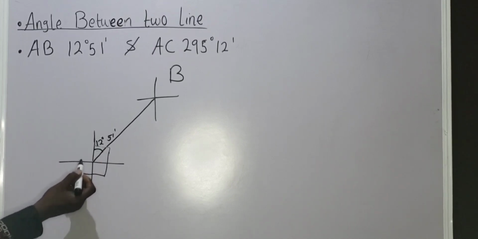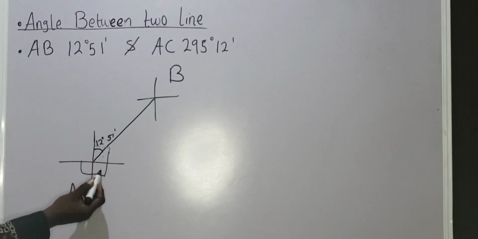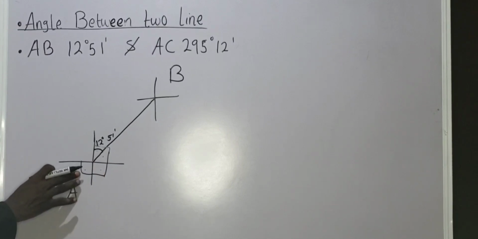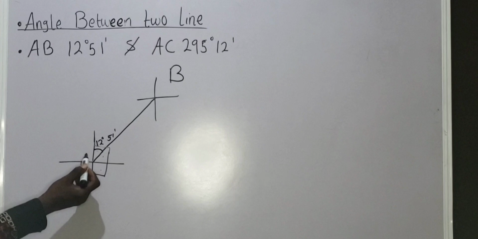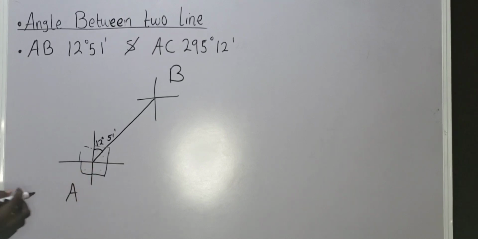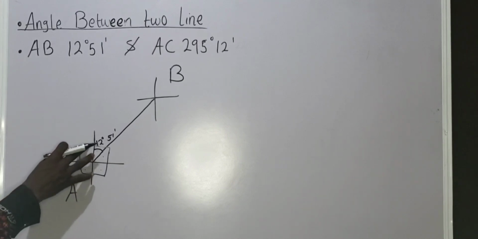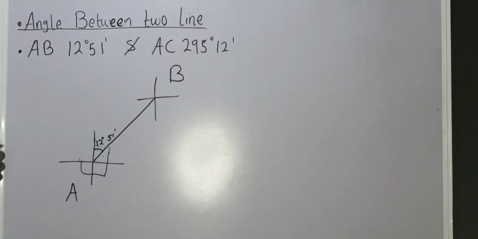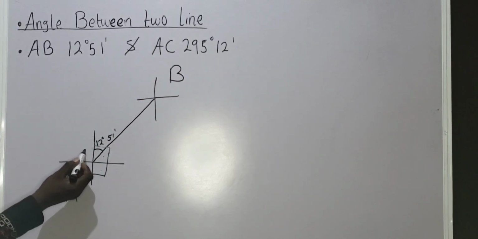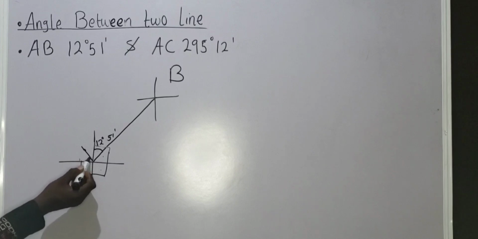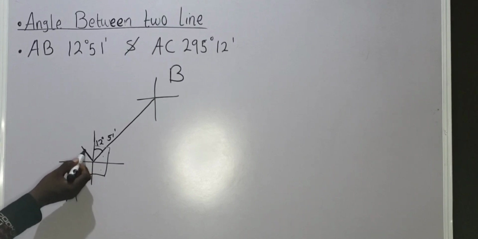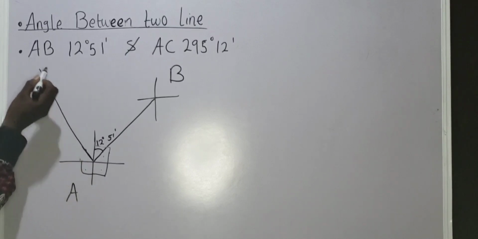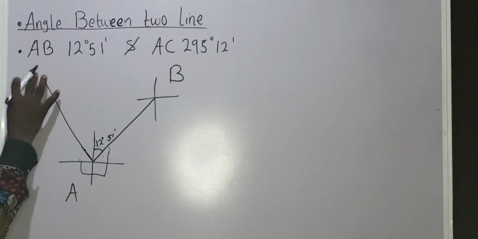From this point to this point is also 90, so 270 degrees. And this point is the third quadrant. Now the fourth quadrant is from this point to this point, which makes it 360 degrees. But the bearing here is not up to 360 degrees. It is 295 degrees 12 minutes. So it will lie across this point, and I'm going to have my line drawn from this point, somewhere like this. Okay.